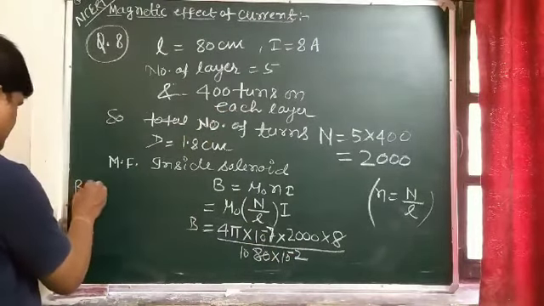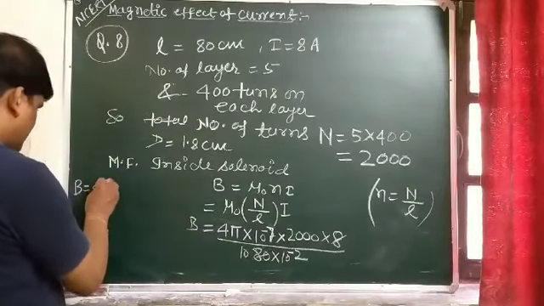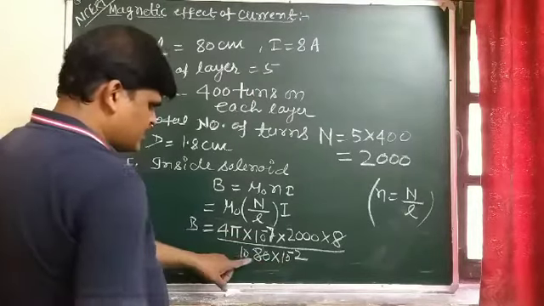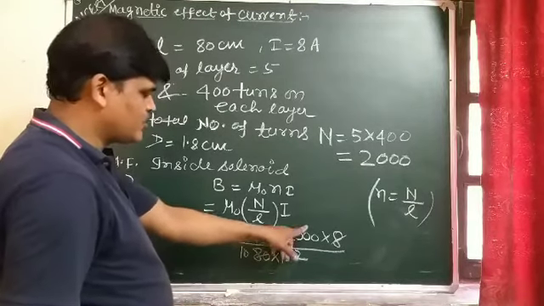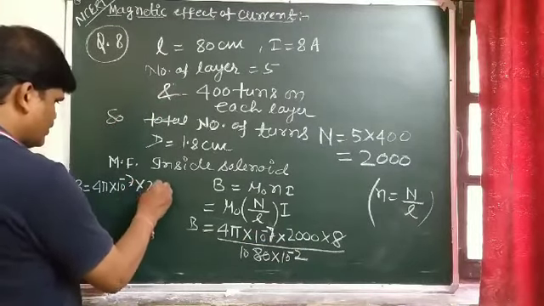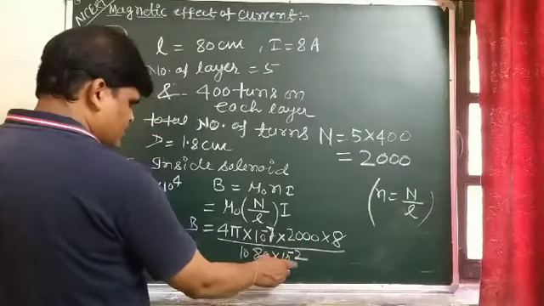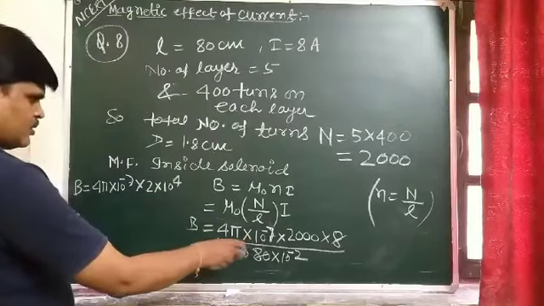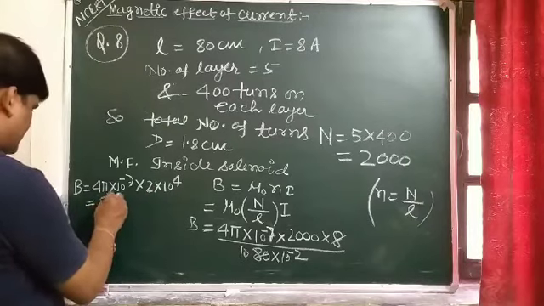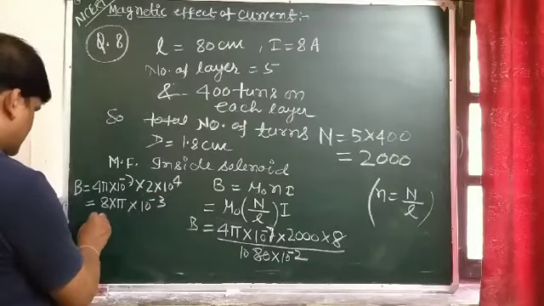So B can be written as 4 pi 10 to the power minus 7, and when this 10 to the power minus 1 moves to the numerator, here 2 into 10 to the power 4, it comes out to be 8 pi into 10 to the power minus 3.